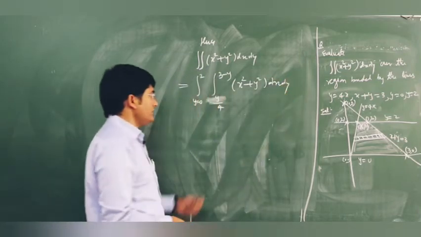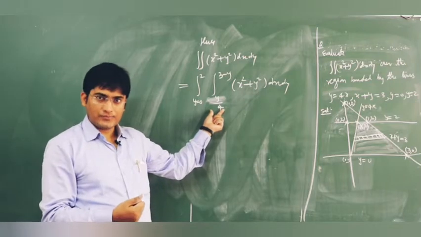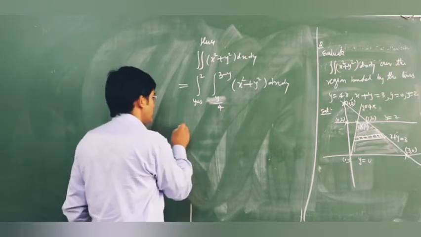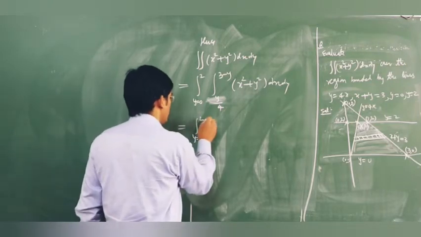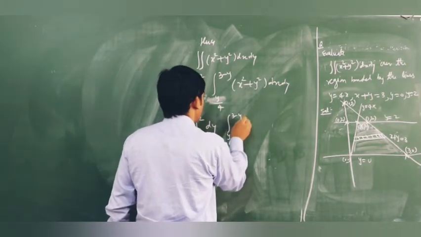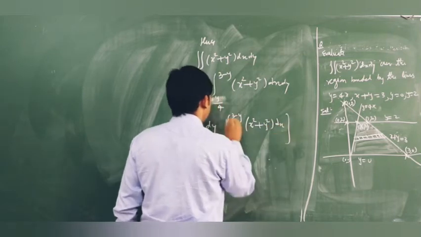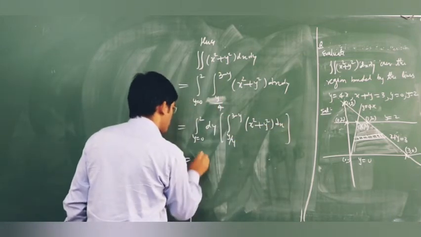Now here you can see that this is your limit of x, so we will first integrate with respect to x, then with respect to y. So we can write it as y equal to 0 to 2, then write dy here. So this will be y by 4 to 3 minus y, and we will have x square plus y square into dx.